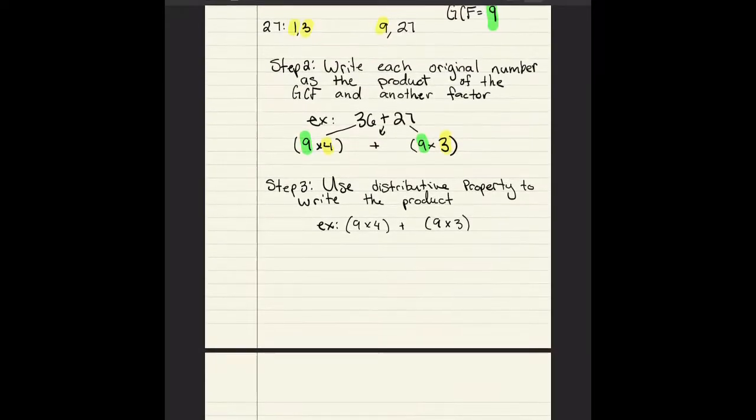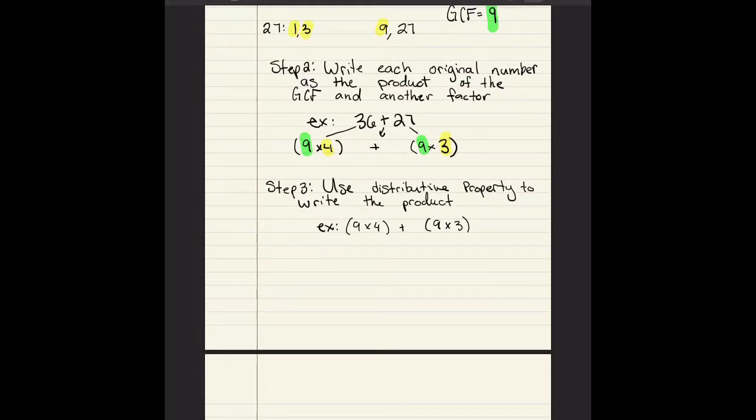So we have a factor, our GCF, in common. So we have 2 of the same numbers, so we can combine that number since we have multiplication going on here and here. We can just take 9 out of the problem. So if we take 9 out, it's here.